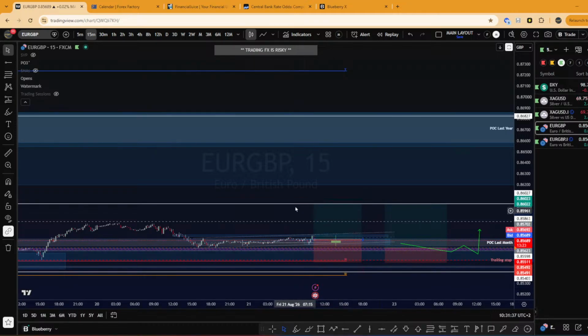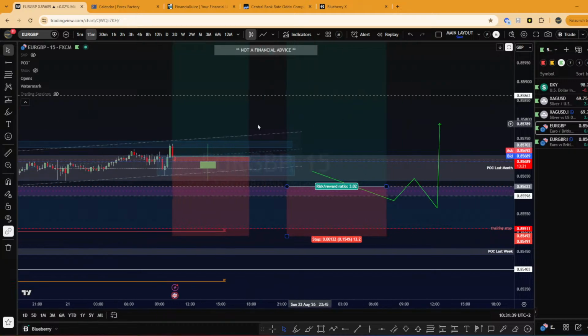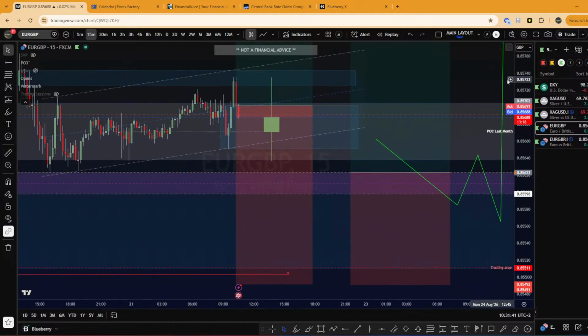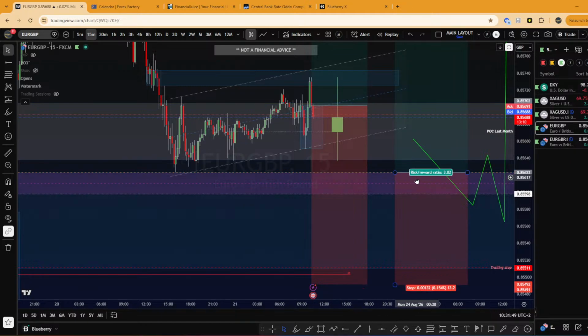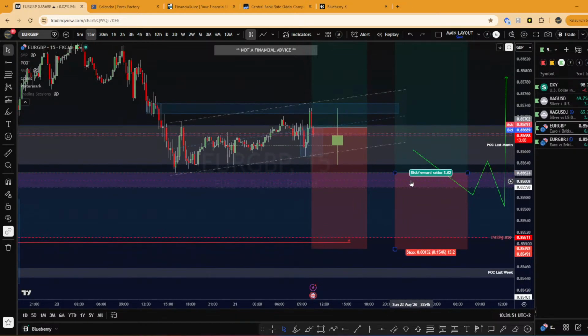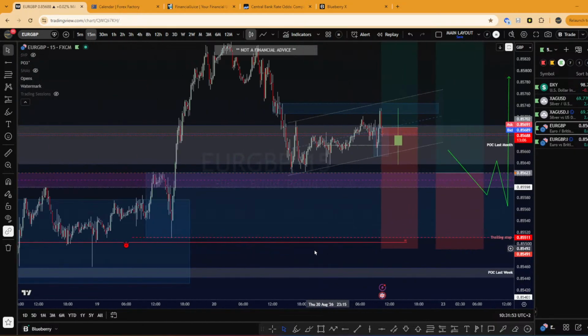Put the same here. So I just hit here on this order block. But if this order block gets broken, it's okay. I will wait to enter another position here.